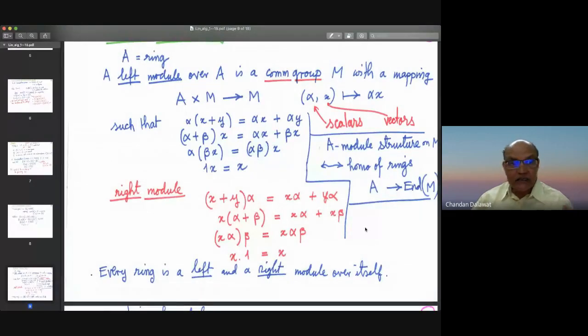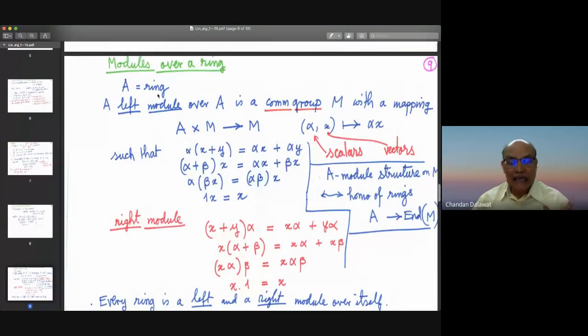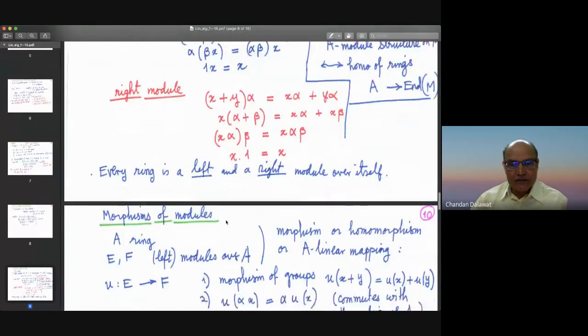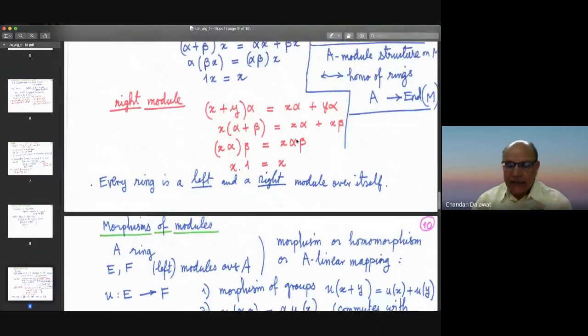Of course, this difference between left and right disappears if your ring A is itself commutative, which means that its multiplication is commutative. But in the first 3 lectures, nothing will change by assuming that the ring is commutative.